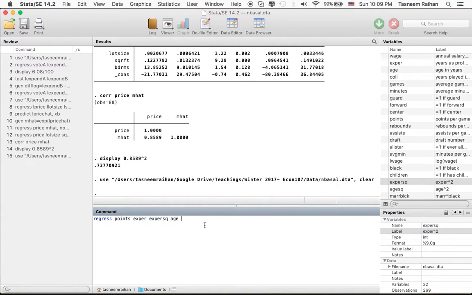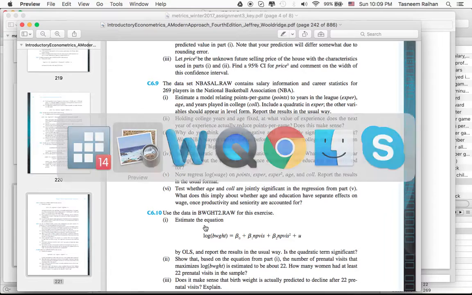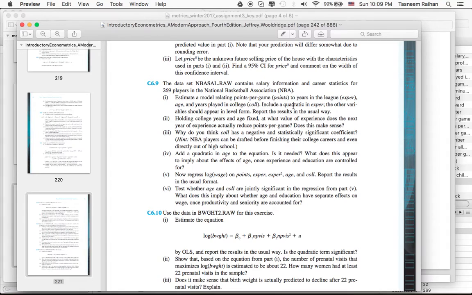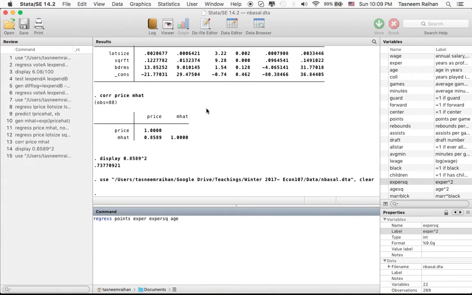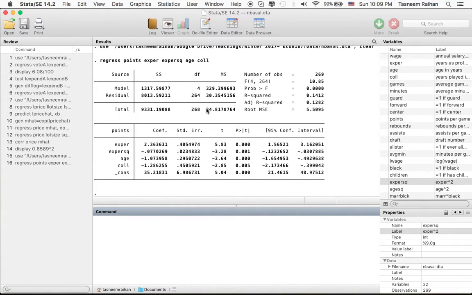Age of the player, and what else? We need age of the players, and college, and years played in college. Hit enter. There we go. We have the coefficients. Very simple.